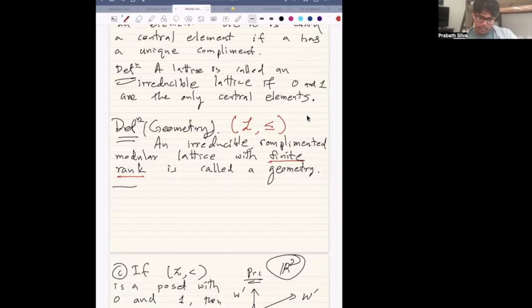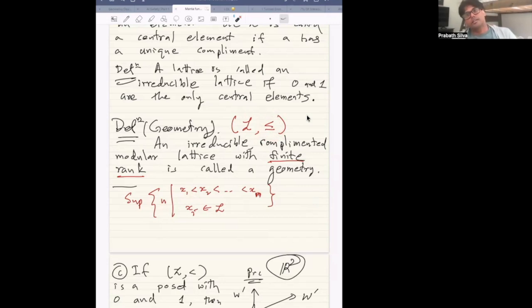So finite rank means the supremum over n such that there is a chain of elements, and you see I'm using the symbol here, less than or equal, so that means this is strictly less than.